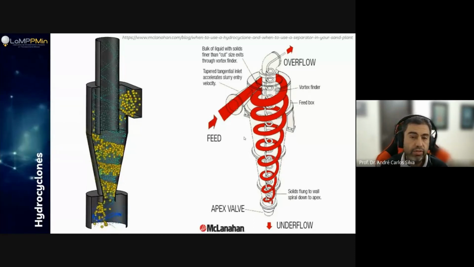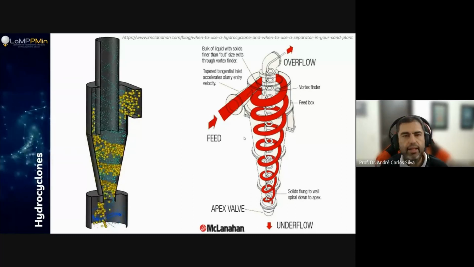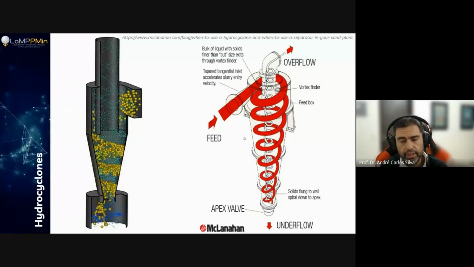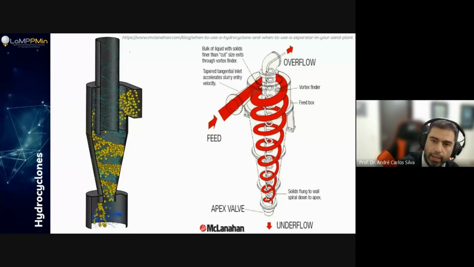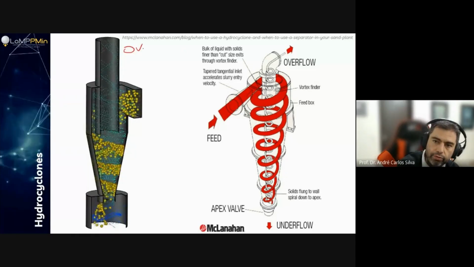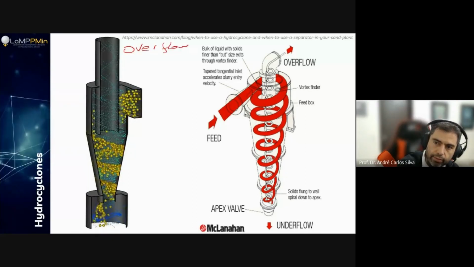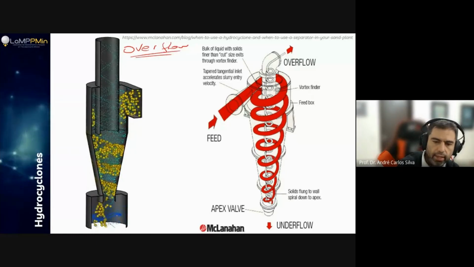Okay, and what you're seeing in green is the water trajectory inside of the hydrocyclone. Okay, so almost all the water is going up. Okay, because up is where the fine particles go out. Up is my overflow. Okay, so the overflow is going up.